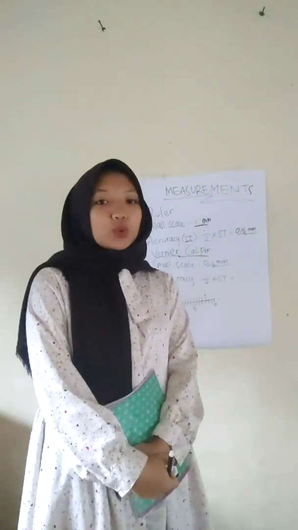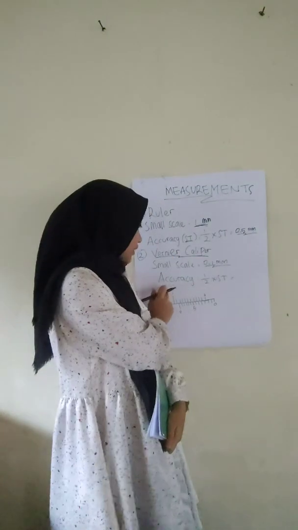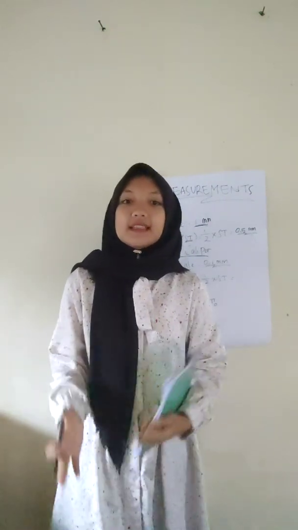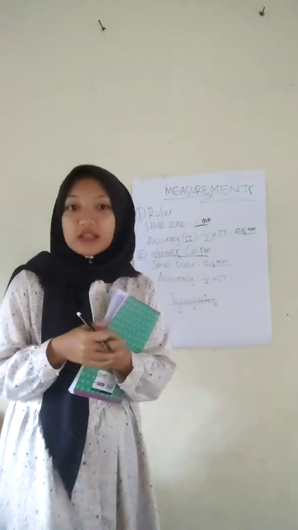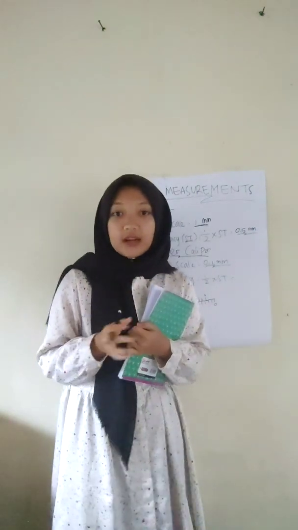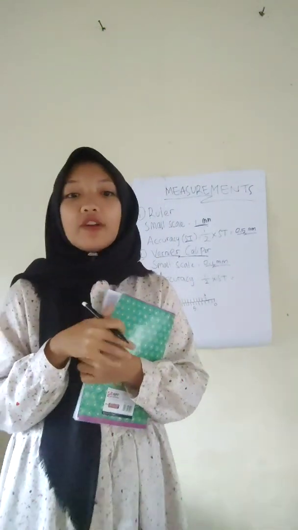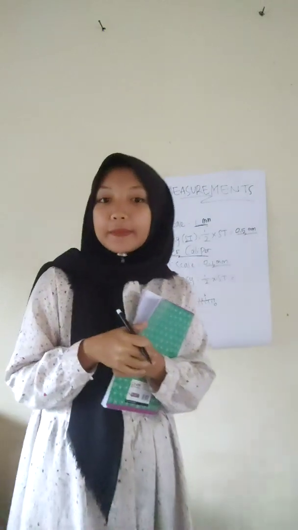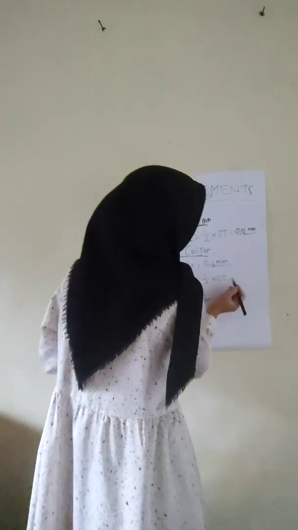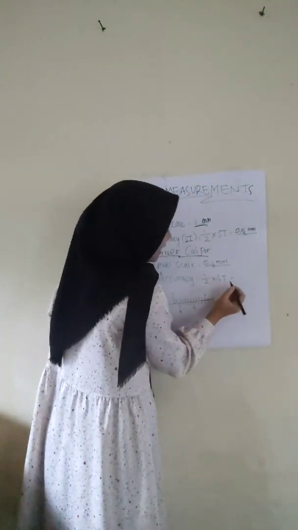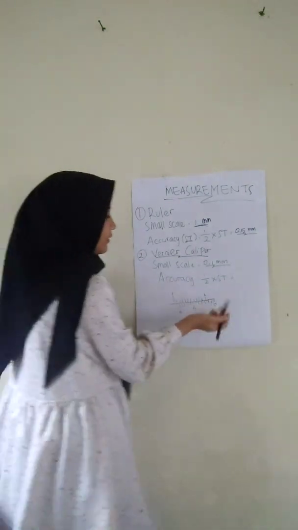You just need to add a 0. The accuracy is half times the small scale. So remember that accuracy must be half multiplied by ST. ST is the symbol for the small scale.